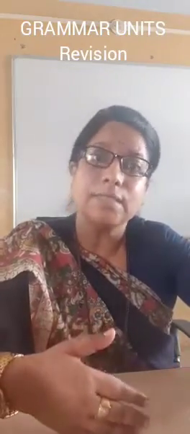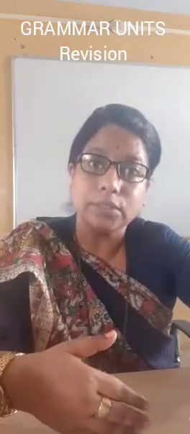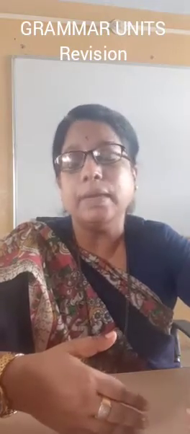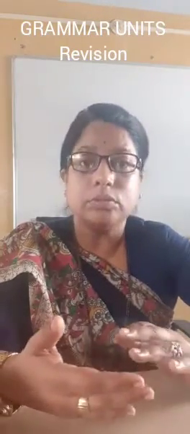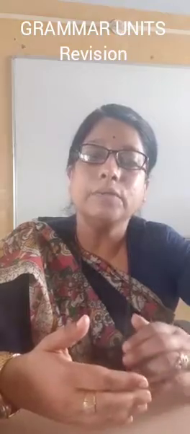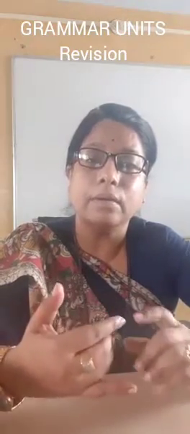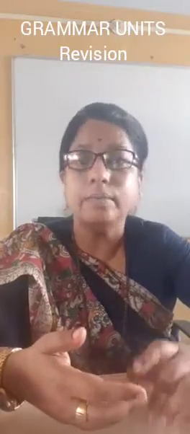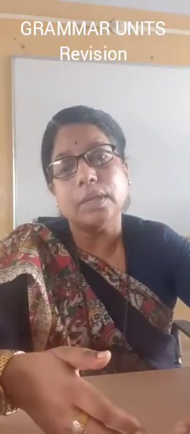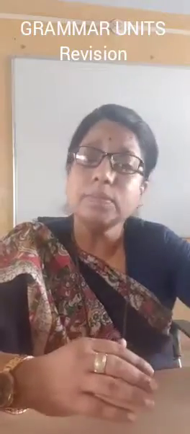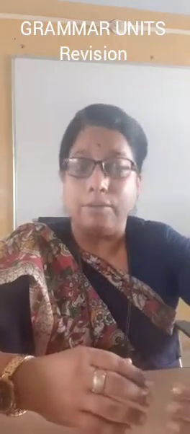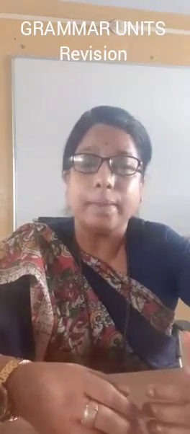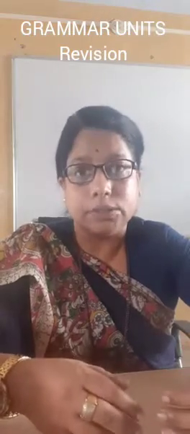Then we have the last element of the clauses, that is known as the adverbial element. The element that gives information about the manner, the place, the time, the condition in which something happens. These elements are known as the adverbials. For example, I am in my college.